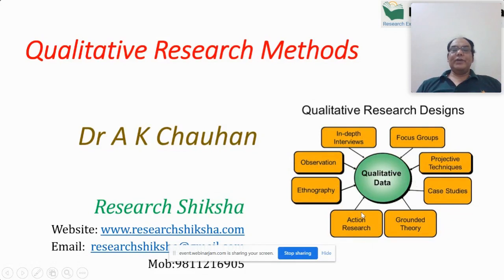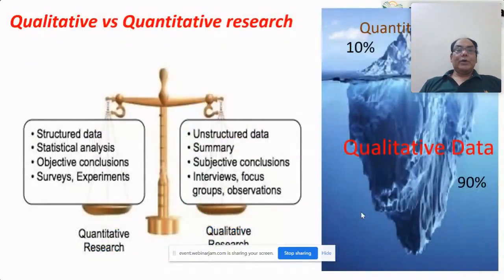These are a few examples of qualitative data and what we can do in qualitative analysis. But in the coming time, we will discuss in much more detail. Okay, so let's first discuss the meaning of qualitative data.